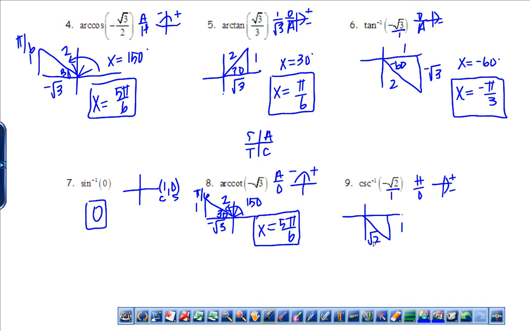Remember, hypotenuse is never negative, so this is negative. And looks like, oh, that's not 1. This is going to be a 1. So this is a 45-degree triangle. And because this is opposite of negative 1, this is going to be a negative 45. So changing it to radians, this is going to be negative pi over 4.